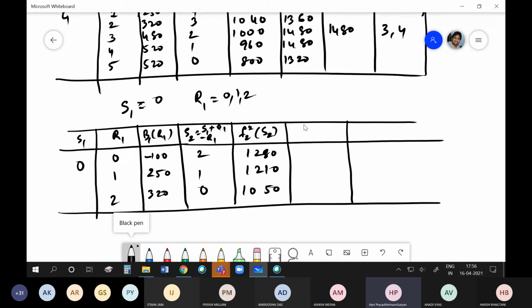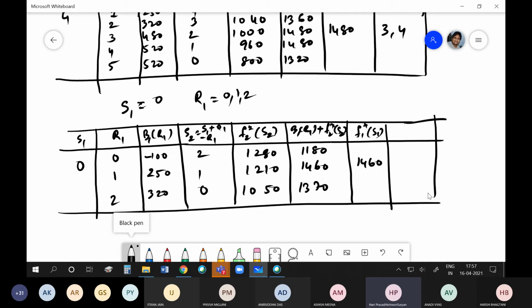So now I will have B1 of R1 plus F2 star of S2. 1280 minus 100, how much? 1180. Then 1460, and 1370. So F1 star of S1 is 1460.